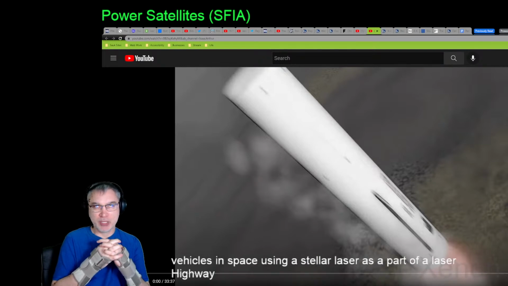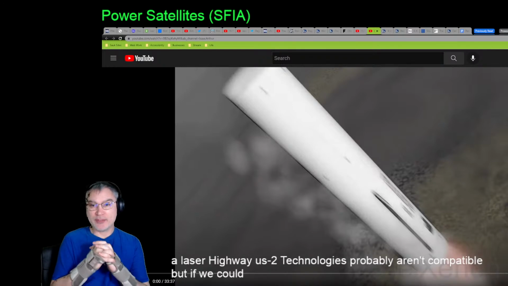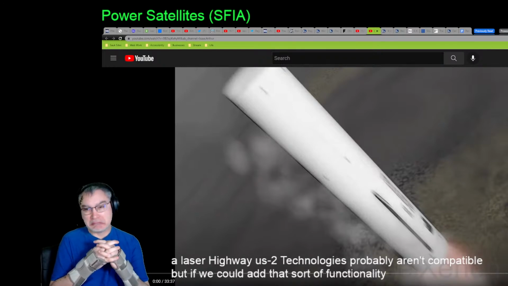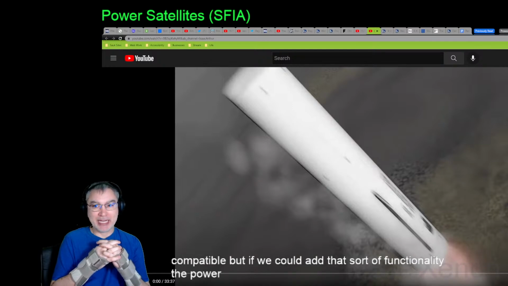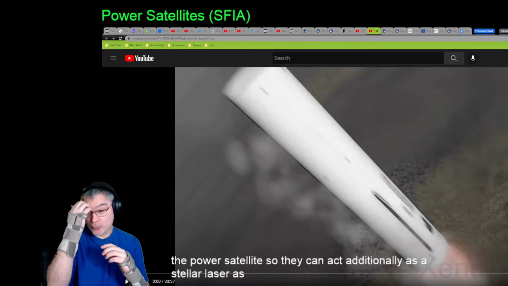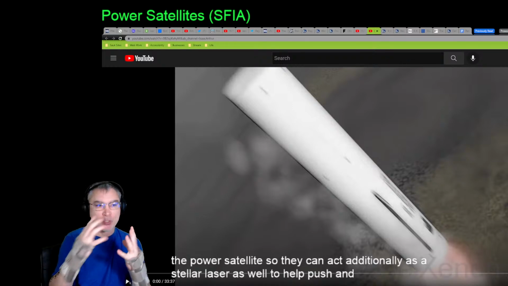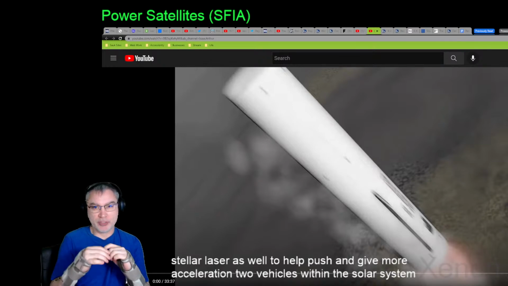Those two technologies probably aren't compatible, but we could add that sort of functionality onto the power satellite so that it can act additionally as a stellar laser to help push and give more acceleration to vehicles within the solar system or even outside the solar system if we went big enough.